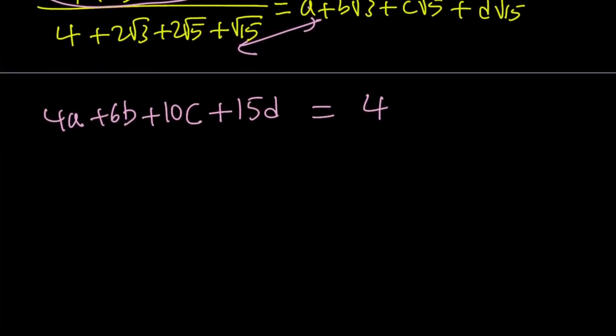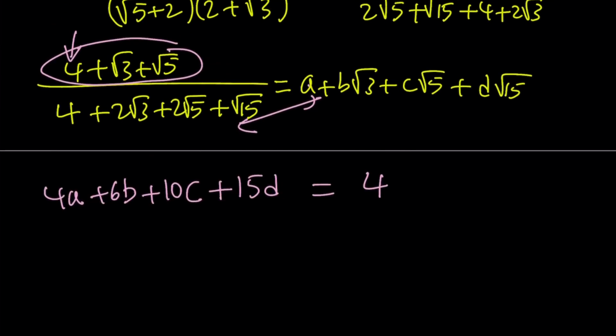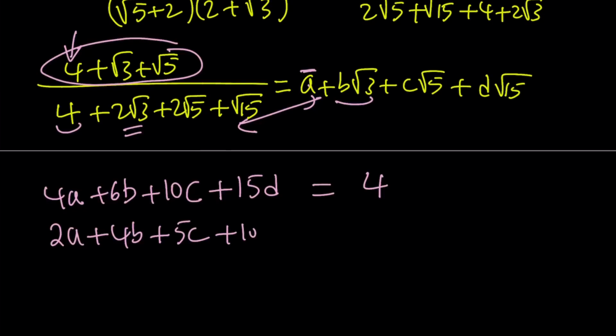So that kind of gives us a system, and the other ones, without further ado, I'm just going to give you what the other systems are, and they're going to come from this product. For example, if you multiply 4 by b root 3, that's going to give you 4b as the coefficient of root 3, and then 2 root 3 multiplied by a is going to give you 2a root 3, which is another coefficient. So by putting all these together, you're going to get 2a plus 4b plus 5c plus 10d equals the coefficient of root 3 in the numerator, which is 1.